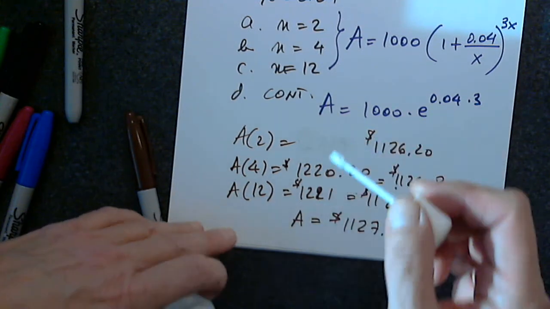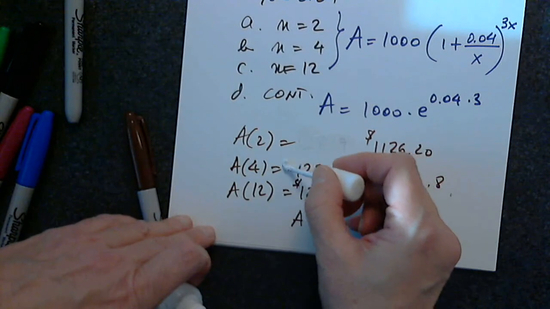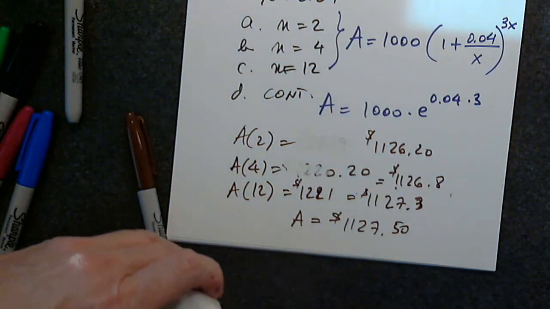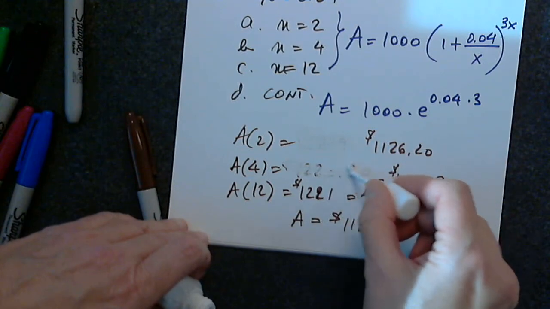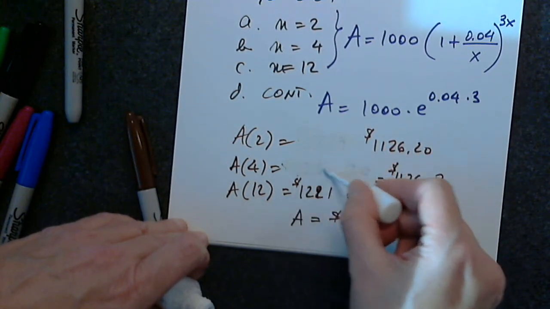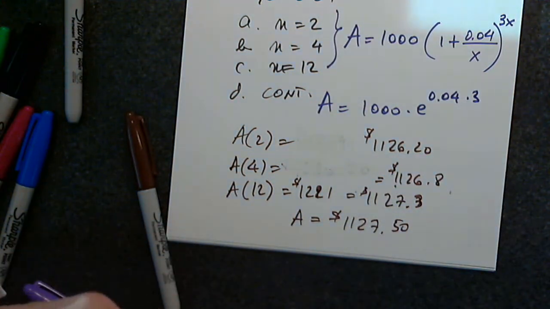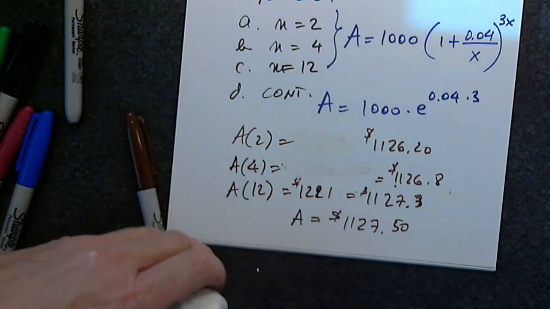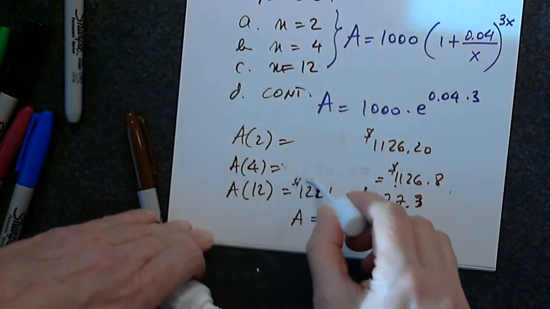Any questions on this problem? So when I got to the continuous interest, I realized that, hey, I don't think I put 3 in there. I thought I put 5.